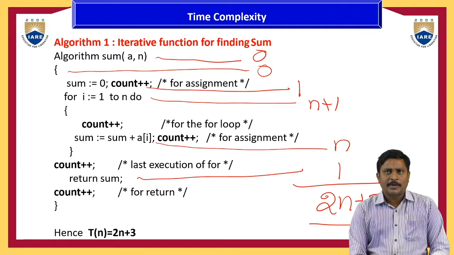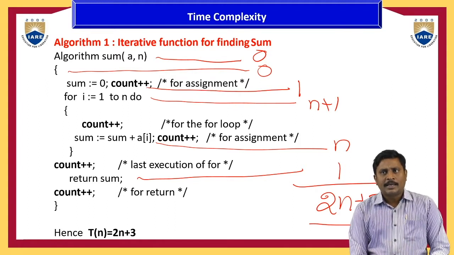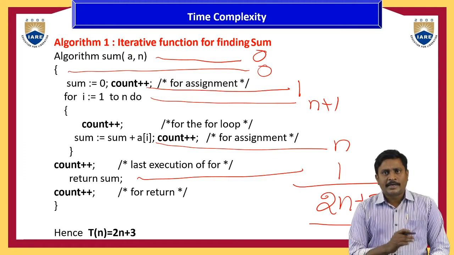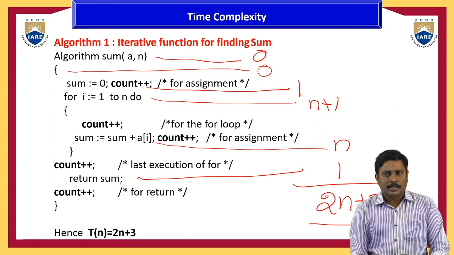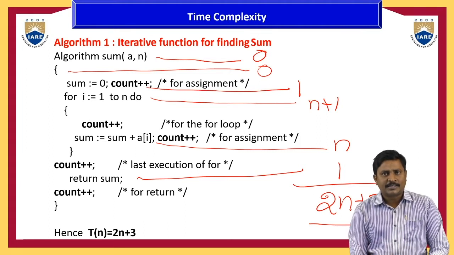It takes 1 step count, plus this for loop repeats n times, so n plus 1 step counts. Sum equal to sum plus a of I is the statement under this for loop, so it repeats n times and takes n time counts. And return sum is a simple statement, so it takes only 1 time count. Totally, 2n plus 3 time is taken for running this algorithm.